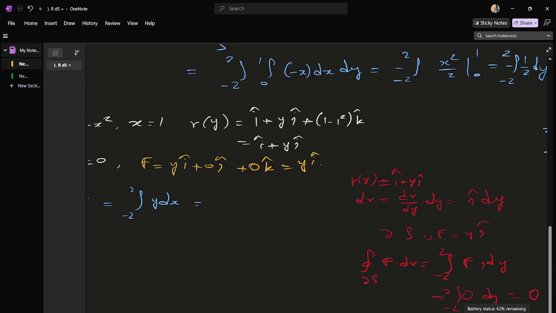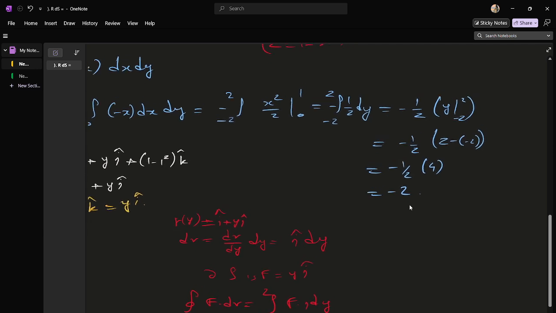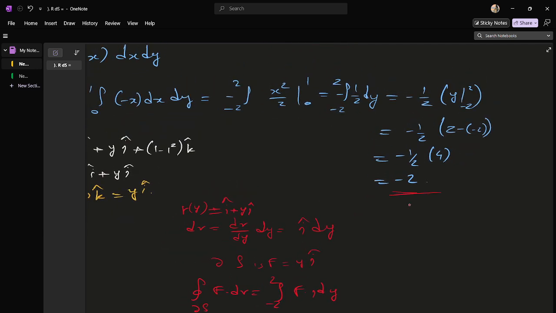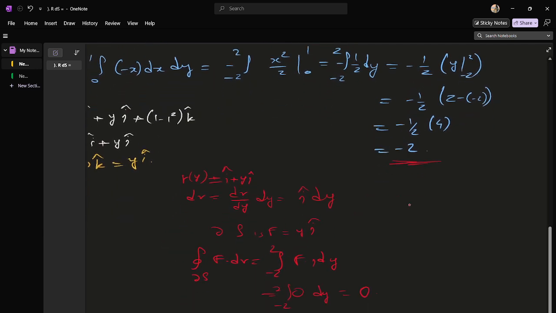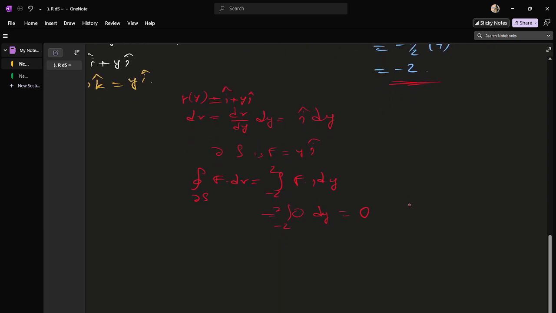Now verifying Stokes' theorem, the surface integral of curl F dot n dS is found to be minus 2, which we have here, and the line integral is found to be 0. So the conclusion: the surface integral and the line integral do not match, so Stokes' theorem is not applicable here.